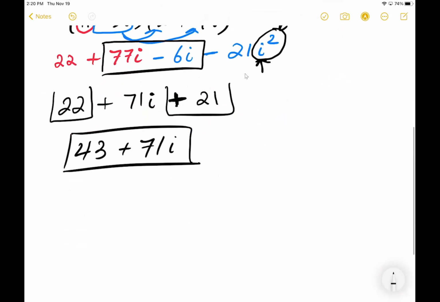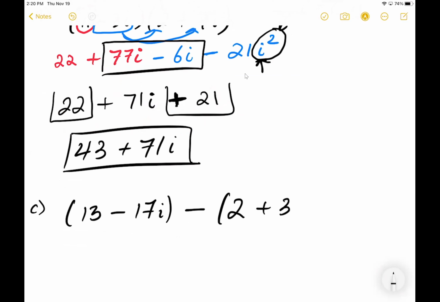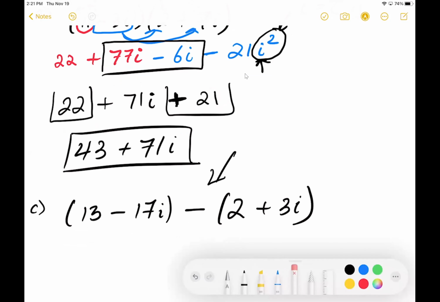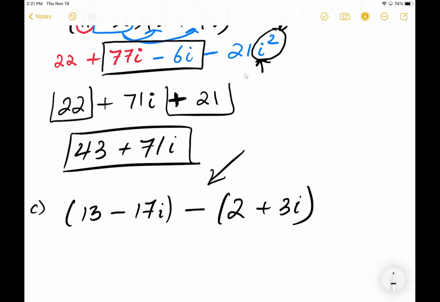Now, let's take a look at C. And again, if we were to ask you something like this: 13 minus 17i subtract 2 plus 3i. So be careful. What you need to ask yourself is, what operation do I have for this particular problem?